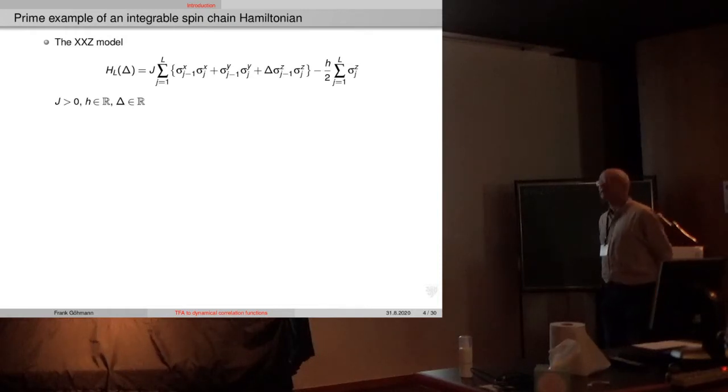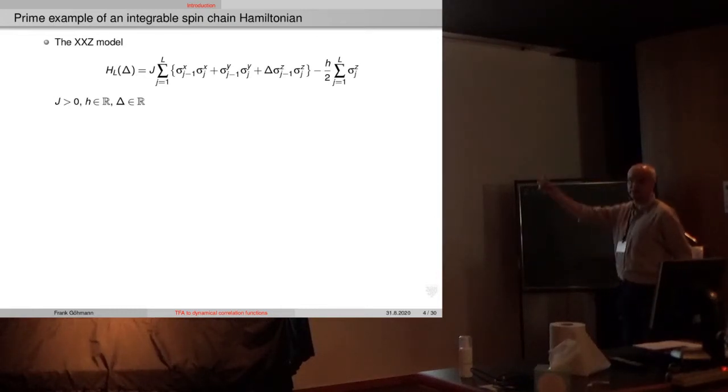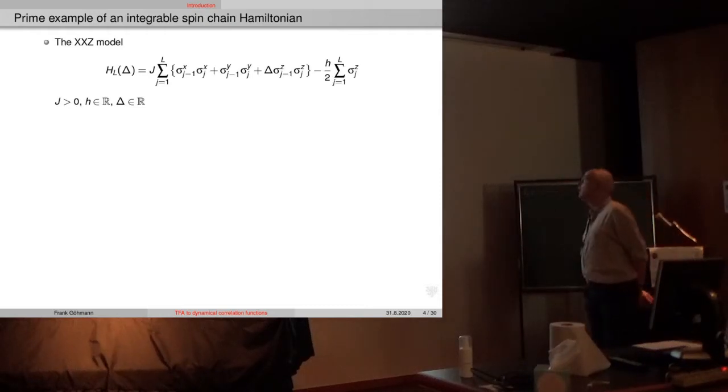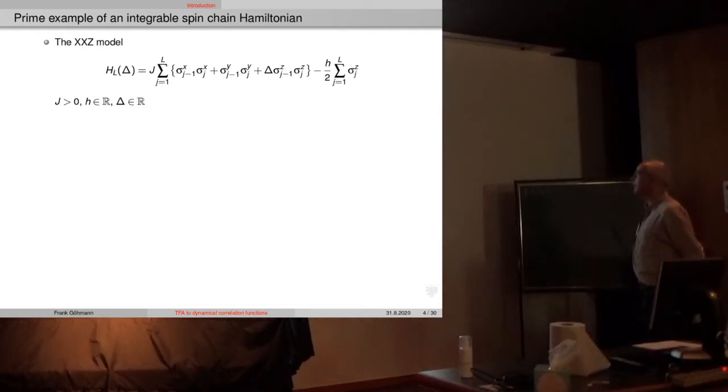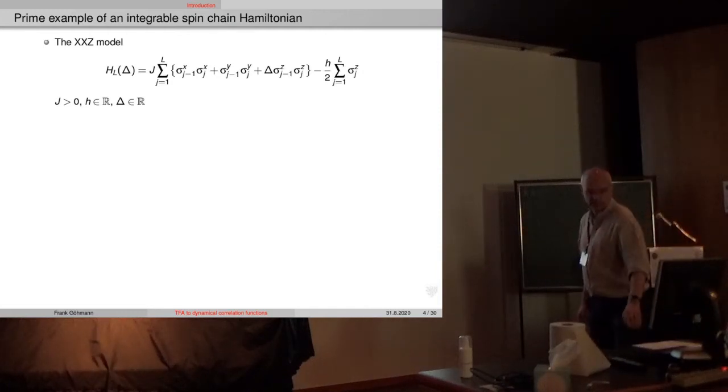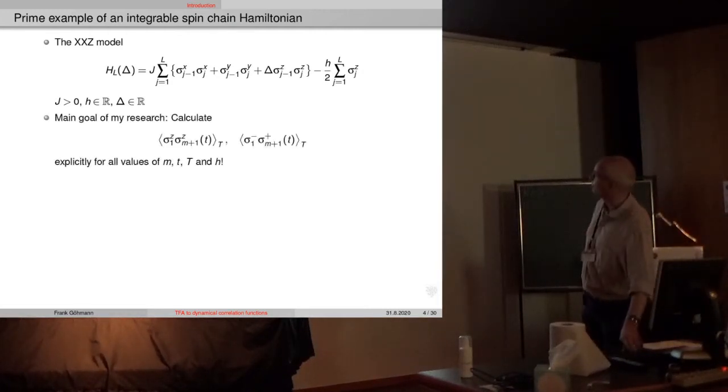This is the XXZ model. Here the local Hilbert space is C2, so it's just spin up or spin down. And the interaction is the Heisenberg interaction, which may be deformed a little bit by this anisotropy delta. The last term is the magnetic field which couples to the chain.